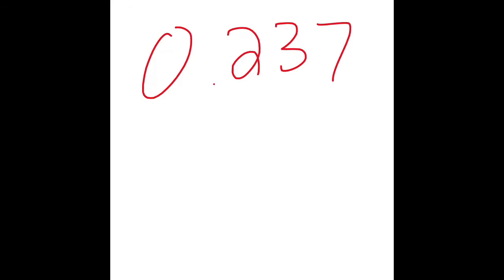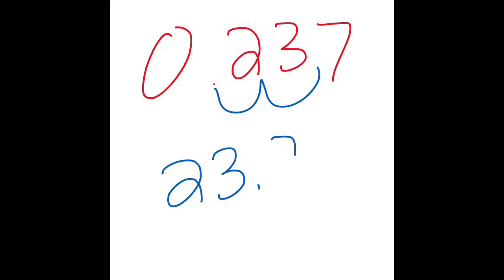Renaming fractions and decimals as percents. So this is where we did changing something like 0.237 to a percent. So this is where you have to move this decimal point over 1, 2. So you get 23.7%.